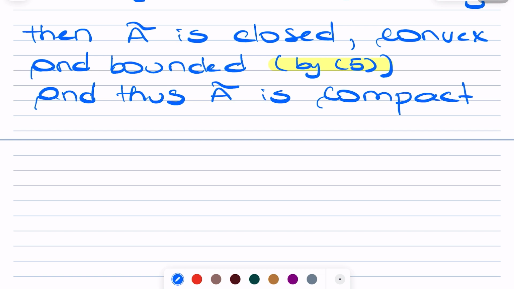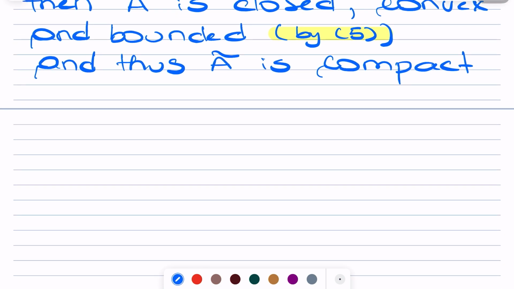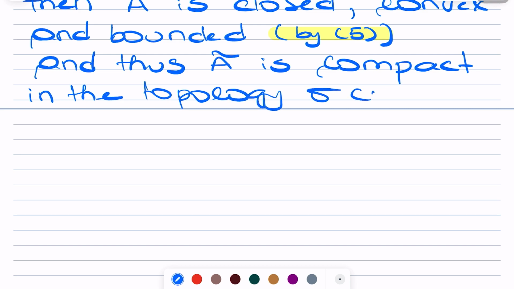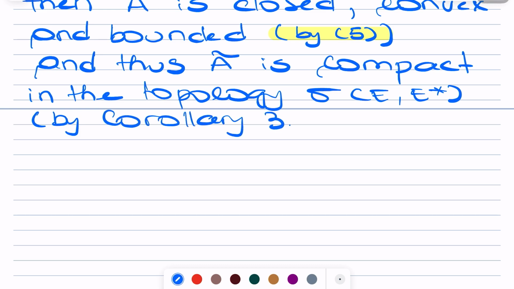So A tilde is compact in the topology sigma(E, E star). This is by corollary 3.22.